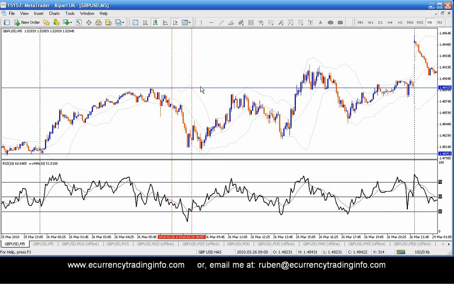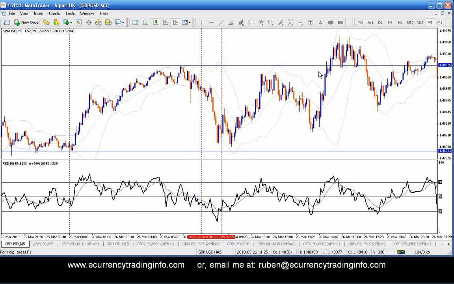Usually the break will happen sometimes in this area, but if not, you just have to stay awake, or it depends on what time zone you are, and wait. My entry would be at the break of this line, at the break of this high, but not right away. I will let the market break, then I will wait for the next candle that does not make a new high.